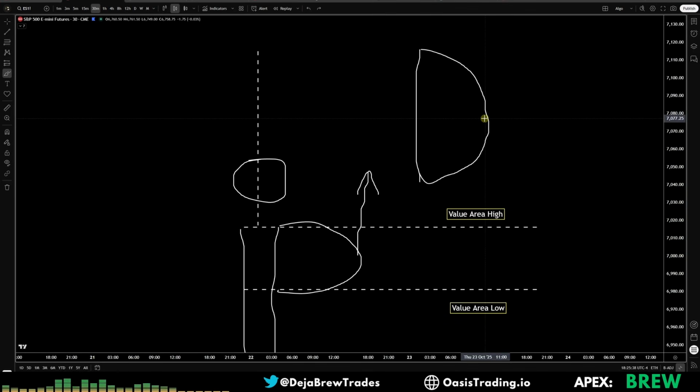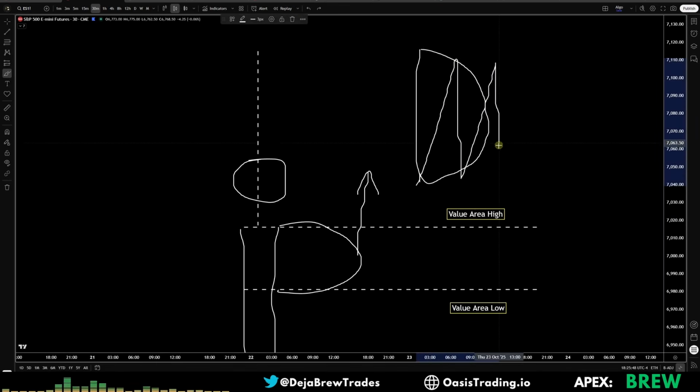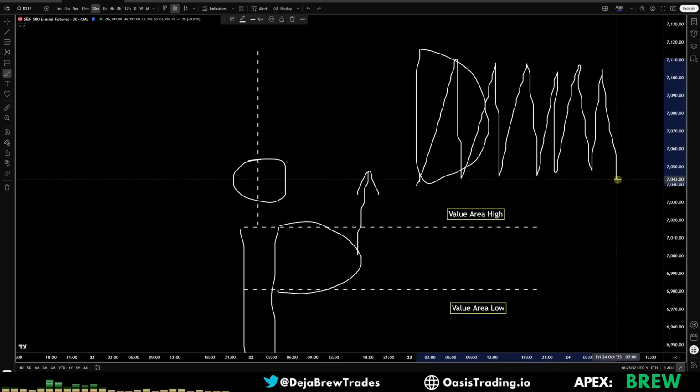How do we build that node? Price has to accept that node. It has to range and constantly trade inside of that area. That is what builds a node up, because go all the way back to what I said at the start of this video.